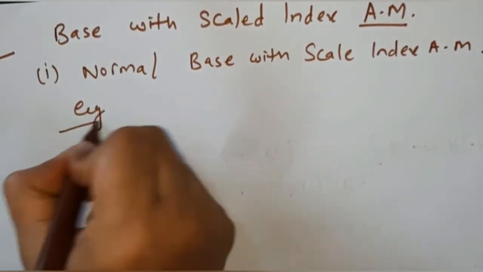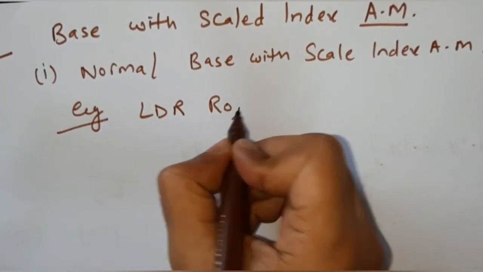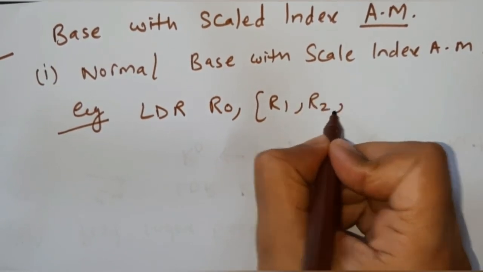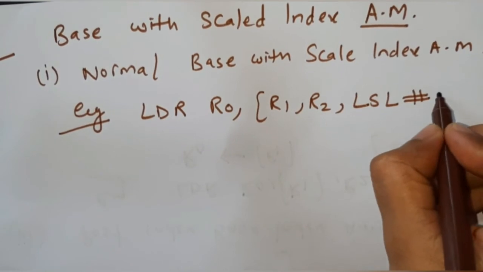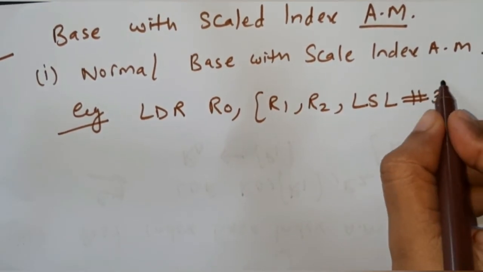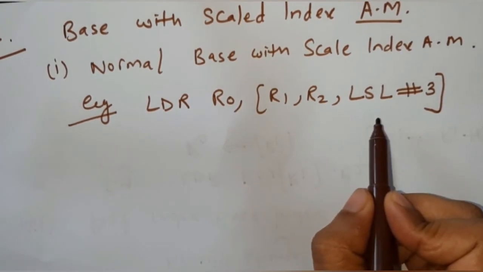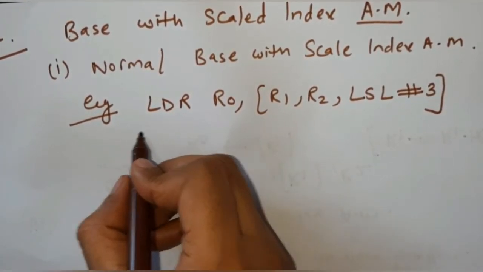Example, LDR R0, [R1, R2, LSL #3]. This LSL is defined as logical shift left.